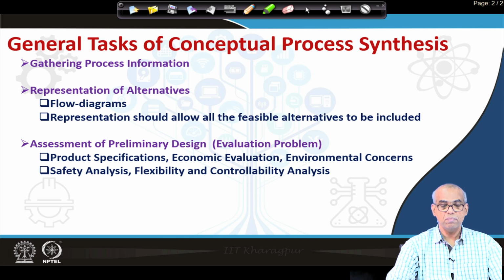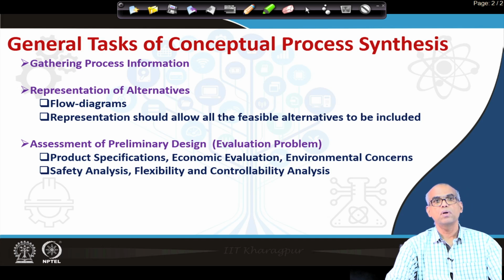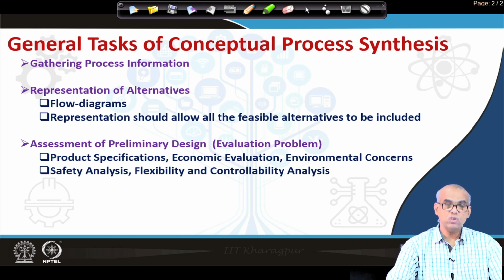Assessment of preliminary design. So, this is essentially evaluation of preliminary design. The preliminary designs need to be evaluated on the basis of product specification, economic evaluations, environmental concerns, safety analysis, flexibility as well as controllability analysis.